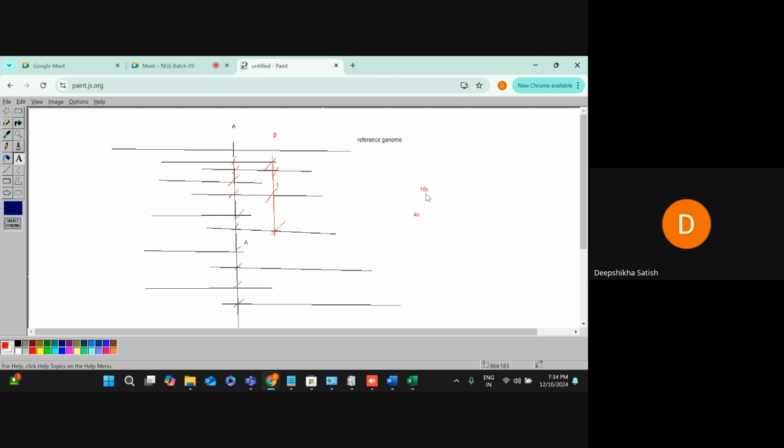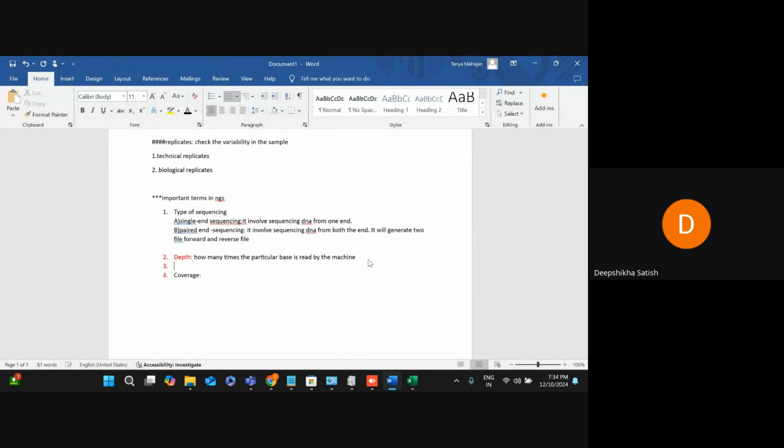Here I was just explaining what is the depth, but there are certain cutoffs for your depth also. So I will write here. Minimum depth for DNA-seq is 10x and minimum depth for RNA-seq is 50x, sir.